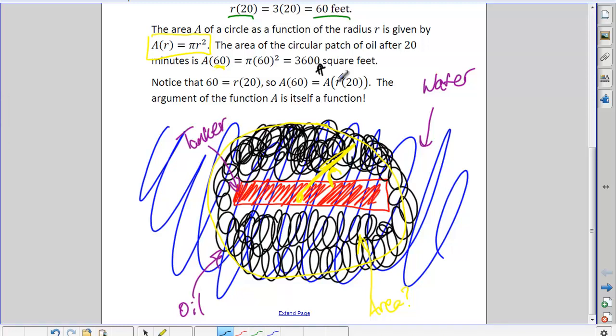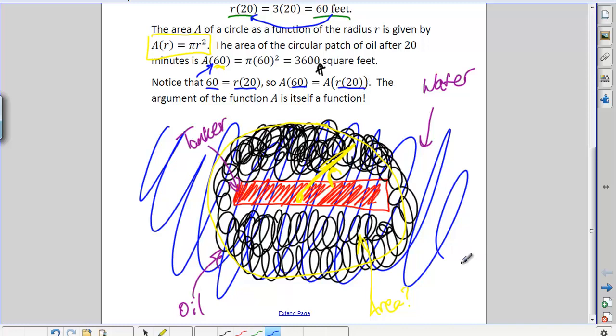Now we could also kind of put these two together, because again the area depends on how long that thing's been leaking, right? So what we can do, that 60 that we plugged in right here, A of 60, remember that was R of 20, right? That's what we got up here. 60 is R of 20. So A of 60 is also the same as A of R of 20.